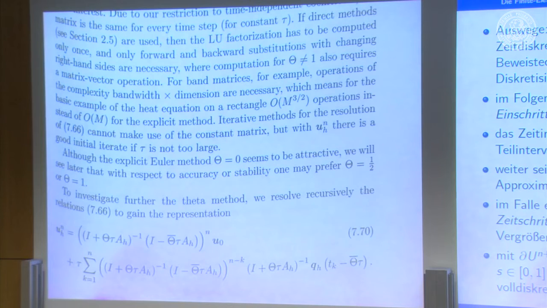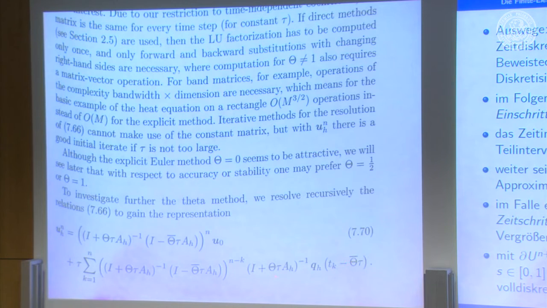Then we have the influence of the right-hand side, and that's a little bit more complicated. You see the same matrix appears here, but now with different powers. The more we go back in time, the higher the powers are, and here the whole past enters.